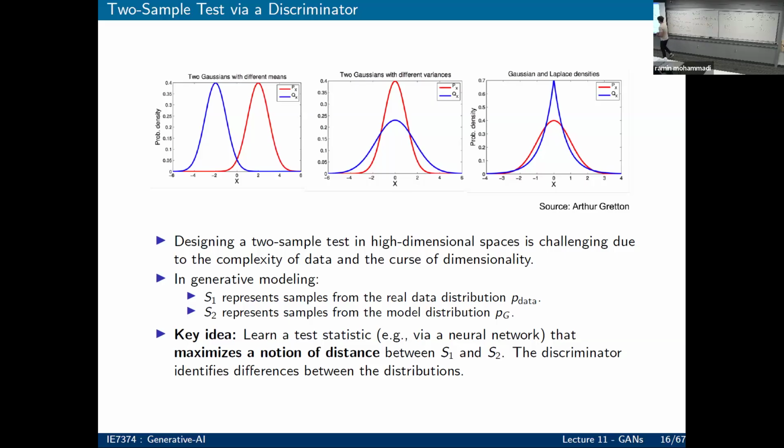Now, one of the ways to improve that separation is, instead of doing a t-test or a statistical test like that, we use a neural network. Instead of defining a test, we define a neural network whose job is to give us the separation between these two. It tells us how similar or how dissimilar these two are.